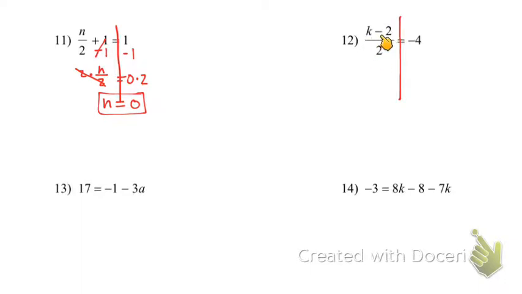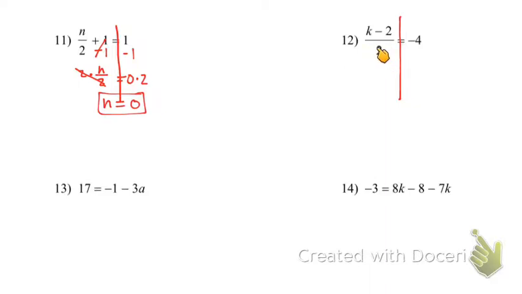So if you notice, this subtraction of 2 is being divided. So we cannot touch this subtraction of 2 until we get rid of this bottom 2. All right, notice the difference between these two problems here. This one we were able to get rid of the addition. Over here we can't get rid of the subtraction because we have a division of 2. So we have to get rid of division first in this problem.